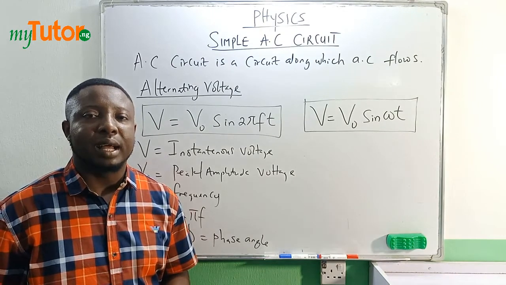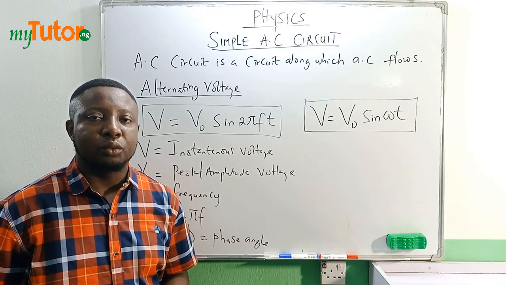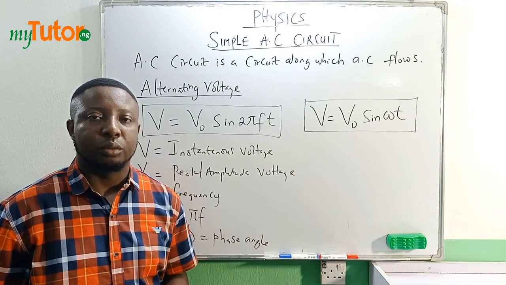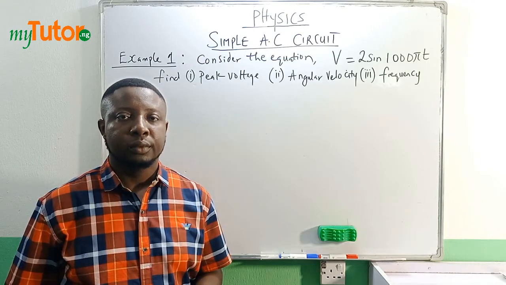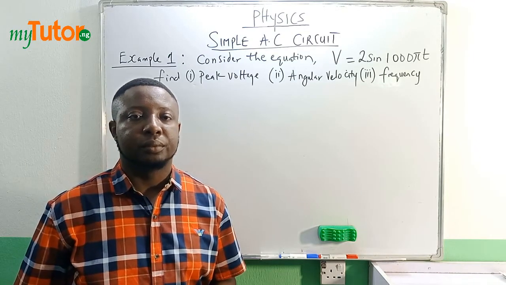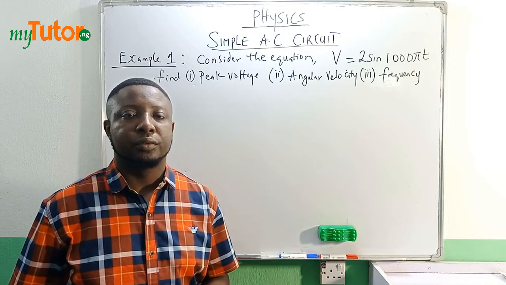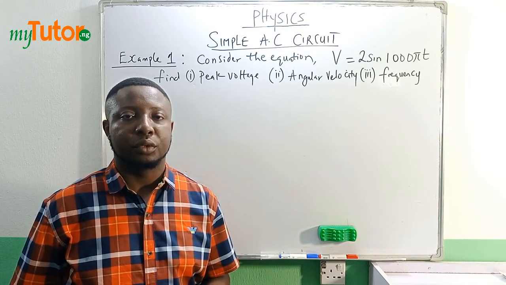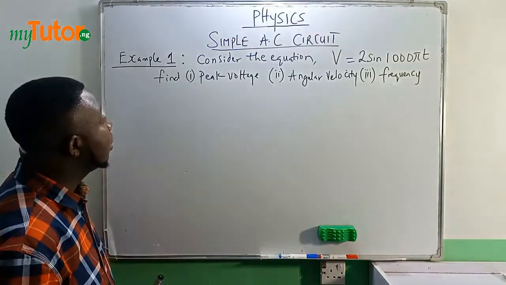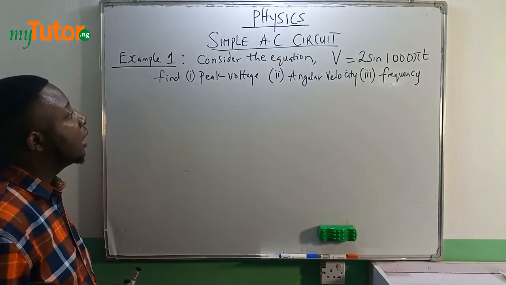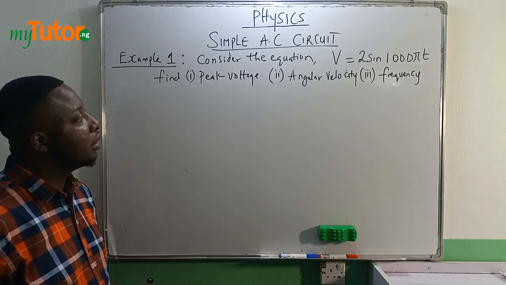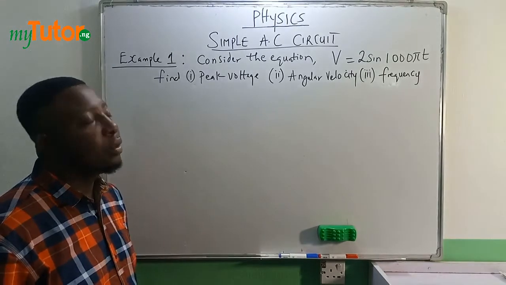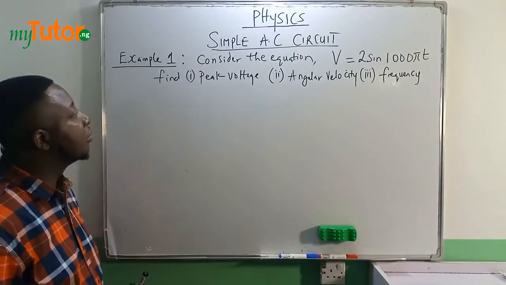So let's see how we can apply this mathematical equation in solving some questions. Let's look at an example on how to solve a question involving alternating current or alternating voltage. The question on the board says, consider the equation V equal to 2 sine 1000 pi t.